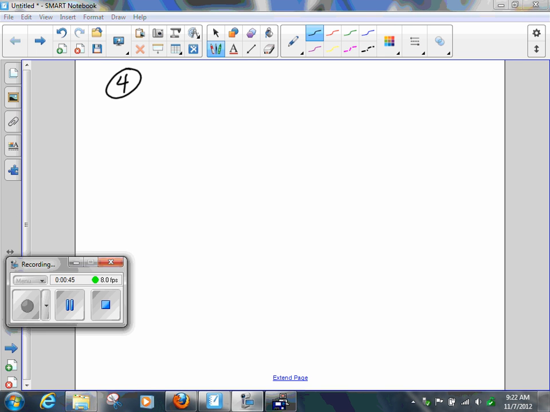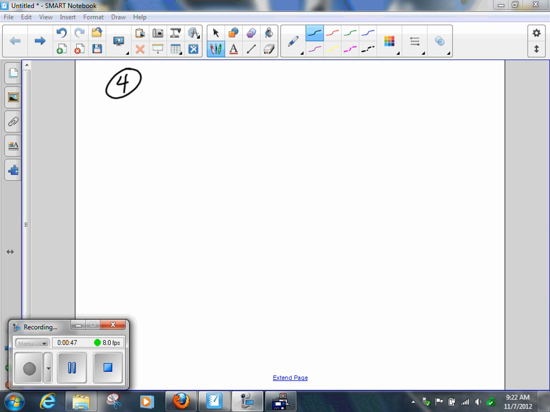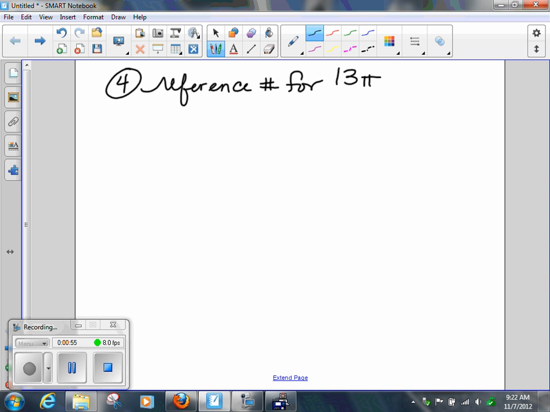So number 4 on that quiz said you had to find the reference angle, reference number for 13 pi over 8, correct? All you have to do is think about where this angle is going to be graphed.